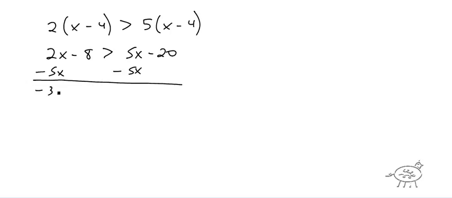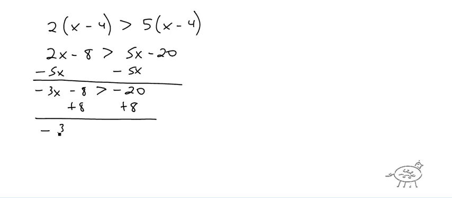We get negative 3x minus 8 is greater than negative 20. Add 8 to both sides. Negative 3x is greater than negative 12. And again, here we are dividing by negative 3, so you flip around the inequality sign. X is less than positive 4. And be careful of signs. A negative over a negative is a positive. Alright, so that's a basic one.